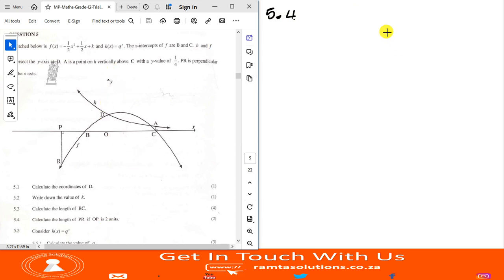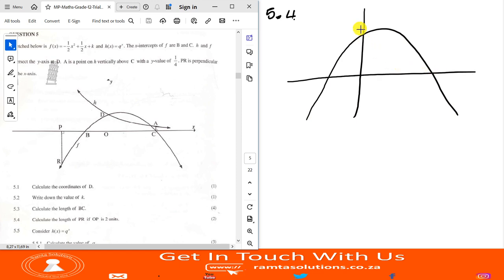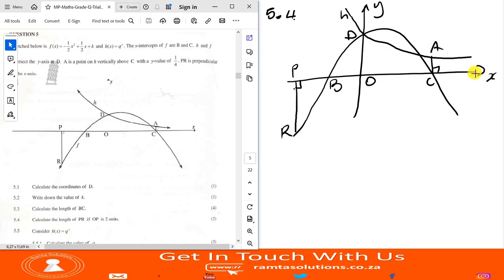So what we are having: this is D, and then let me say this is P, this is R, and then this is B, this is D, of course. You are h, buddy, y-axis, you are 0, you are C, and then you are A, x-axis, and you are f.